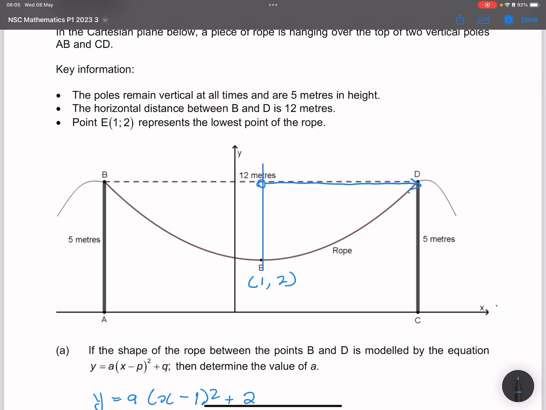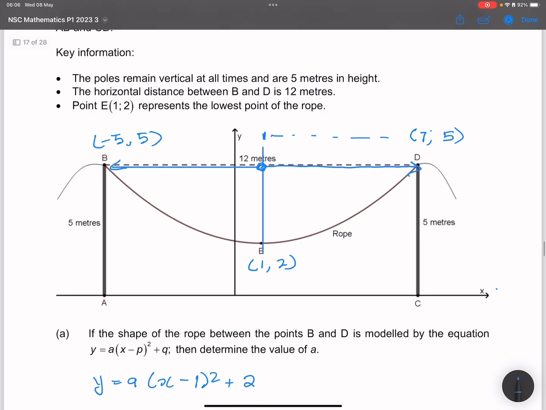It would be another 6 units going to the left as well. So if my x value is 1, if I go 6 units to the right, where do I end up? I end up at 7, right? But remember they said that the vertical distance there is 5. Okay, if I go to the left, where do I end up? 1 minus 6, that will give me negative 5. But remember my vertical distance of the pole is also 5.